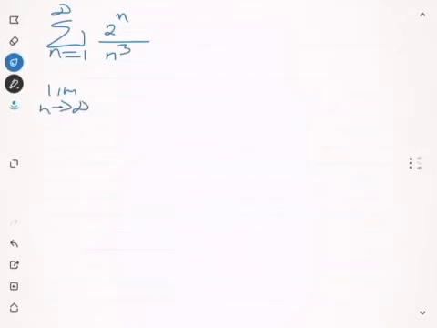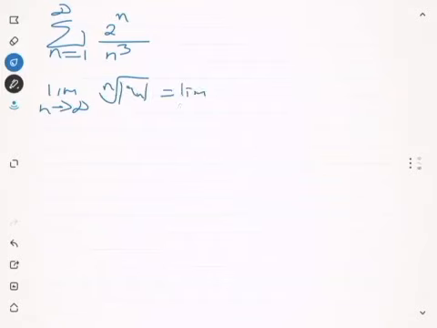Another example would be this one. The sum as n goes from 1 to infinity of 2 to the n divided by n cubed. So again, we're going to take the limit as n approaches infinity of the nth root of a sub n in absolute value.